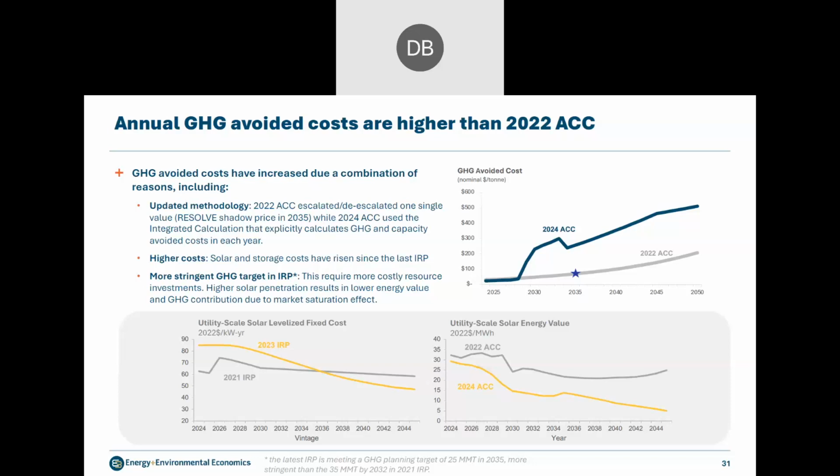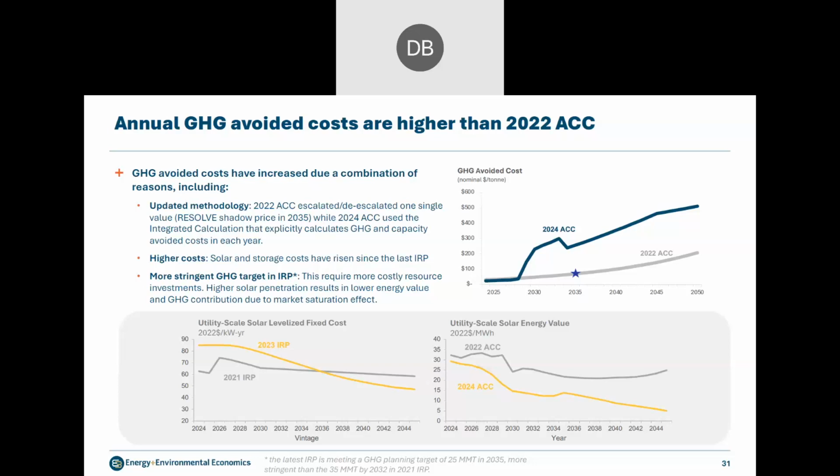This is really less to do with the integrated calculation that we're using for this cycle, but rather simply that for the 2024 ACC, we are calculating GHG and capacity avoided costs in each year explicitly, whereas in the 2022 ACC, the GHG avoided costs were based on one single value in 2035, and it was escalated or de-escalated for other years. So that methodology update was mainly because we are now calculating avoided costs in every year rather than just one year, especially for GHG.